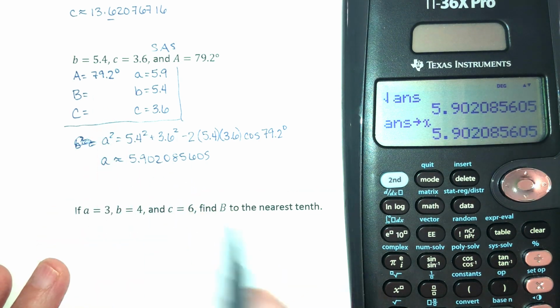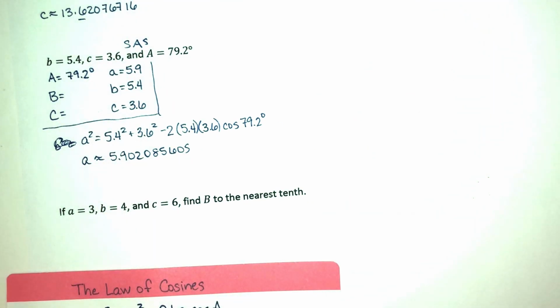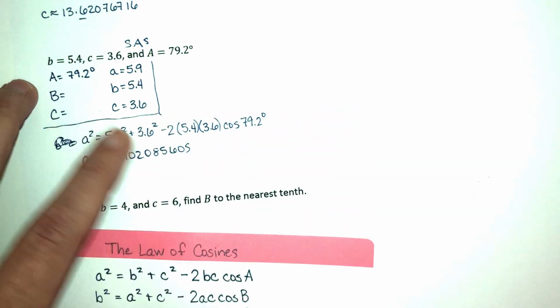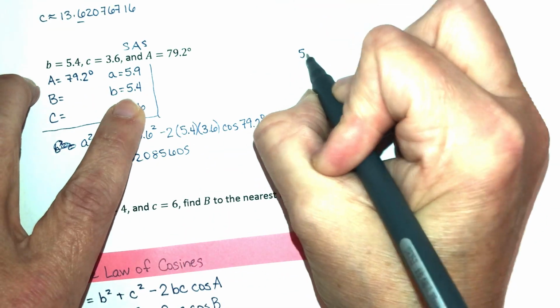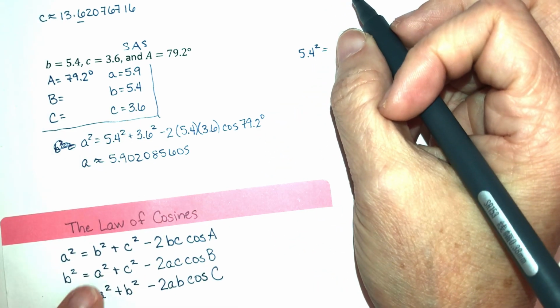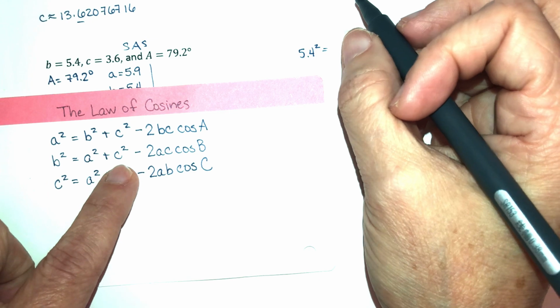Now let's find angle B. So angle B, I'm going to use this formula. So I need B squared equal to A squared plus C squared.